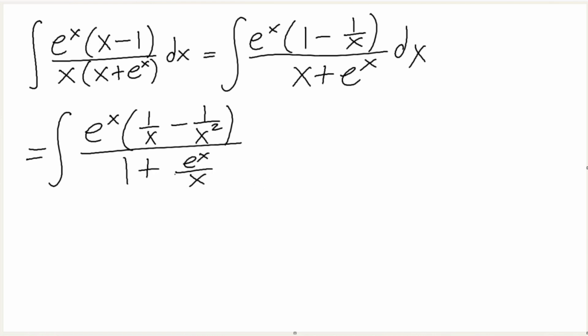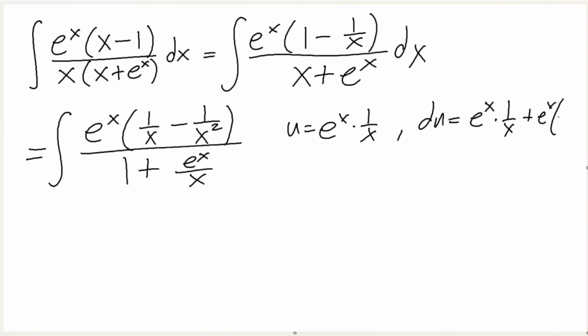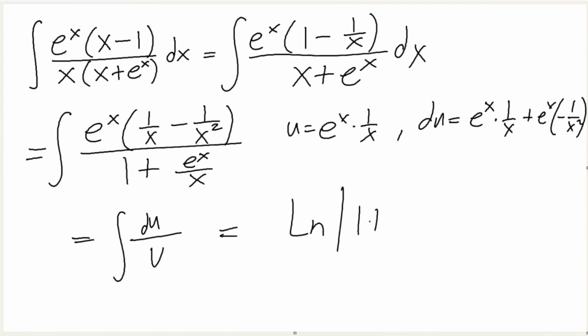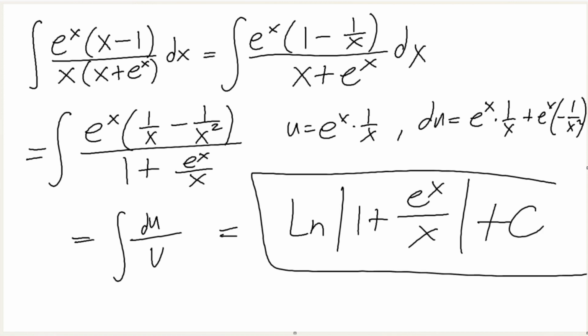Huh. e to the x over x. This looks like product rule, right? If we see this as product rule, du is equal to e to the x times 1 over x plus e to the x times minus 1 over x squared, which is exactly what we have here. So this is just, again, du over u. This is just ln of 1 plus e to the x over x plus c.